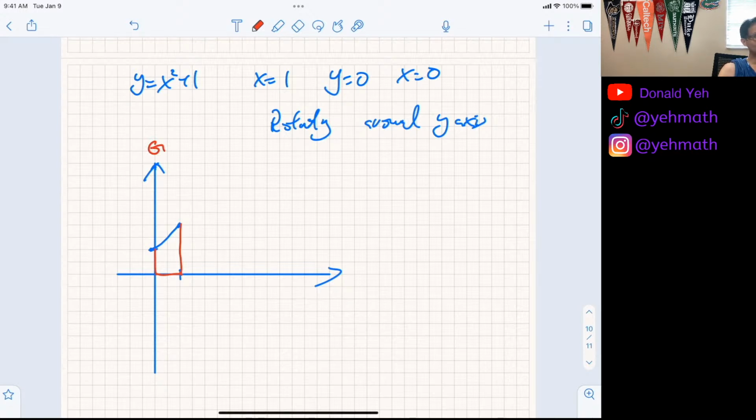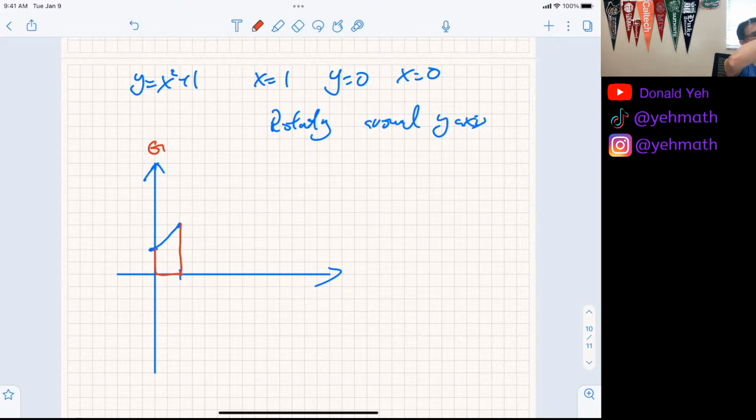Because you see how there's a space. So basically I have this, but it's rotating this way. From here to here, I'm going to do a disk.